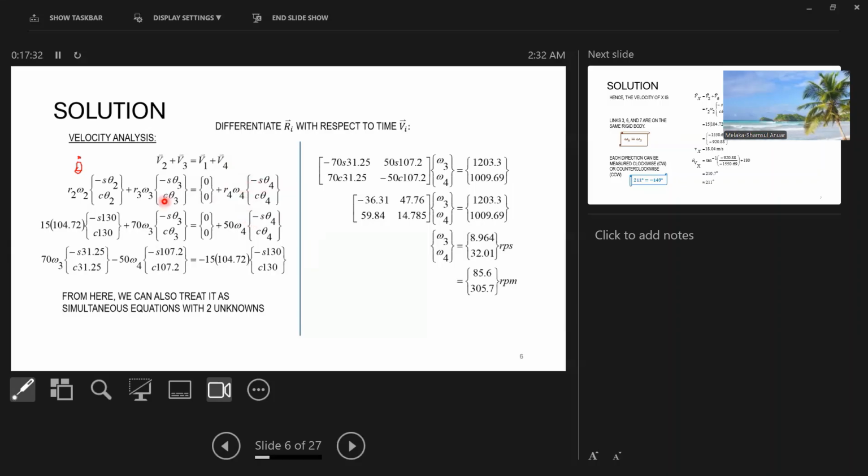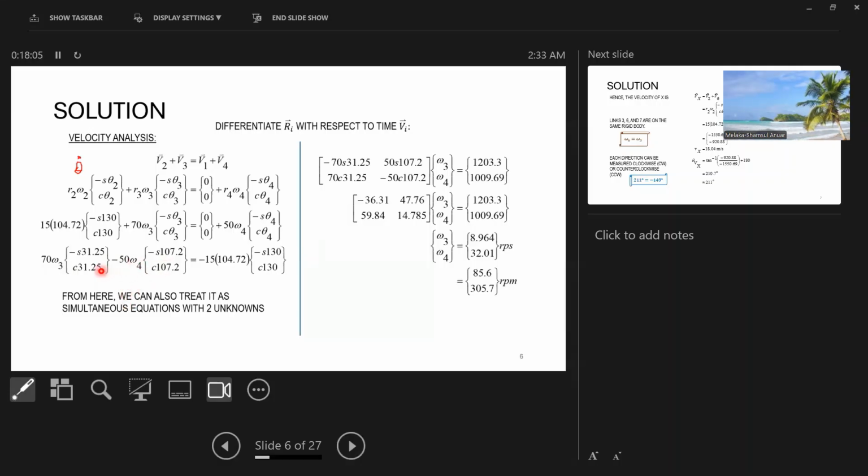Right, so once you do this, you can plug in the numbers of things that you already know, and you will see that only omega 3 and omega 4 are the 2 unknowns. So you can bring everything with omega 3 and omega 4 to the right side. And since these are scalar stuff, we can solve this in many ways.